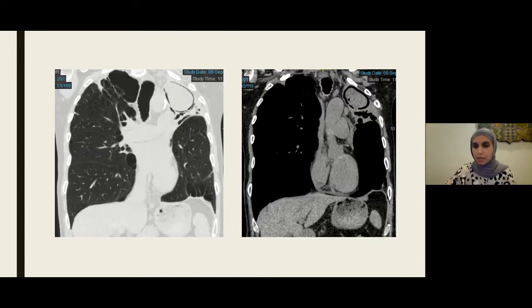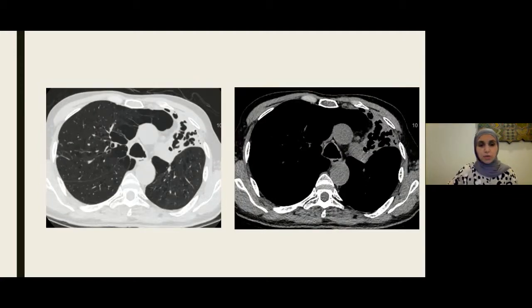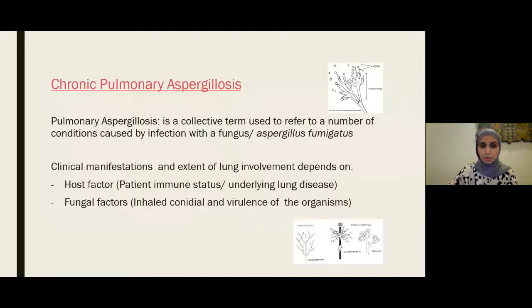As routine in our chest disease hospital, we like to do prone images to check the mobility of this soft tissue lesion, since a fungal ball is usually mobile. However, if this is a cancer, the mass lesion will be fixed and will not move. Finally, we reach a diagnosis of chronic pulmonary aspergillosis.